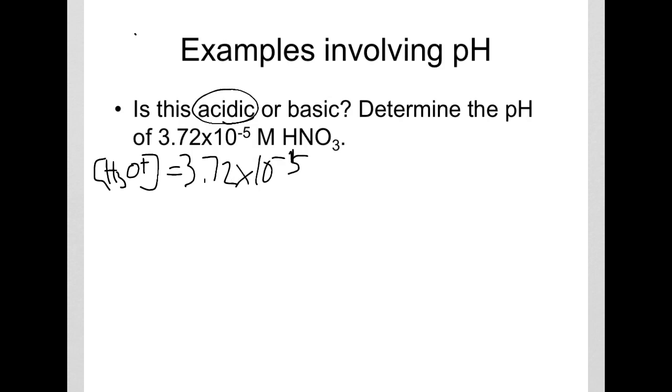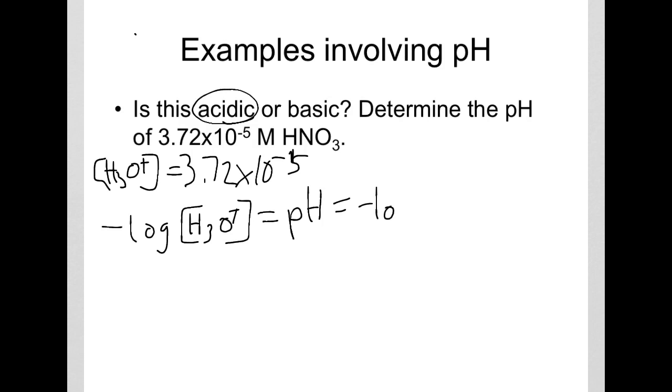Pretty easy now. So now I just need to take my negative log of my hydronium, which is equal to my pH, which means negative log of 3.72 times 10 to the negative fifth is going to be equal to 4.43.